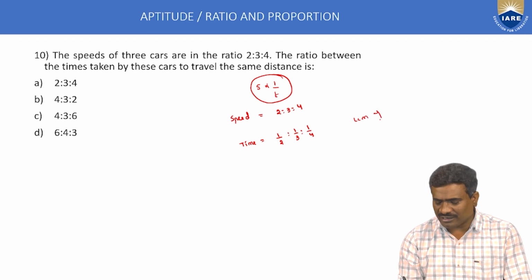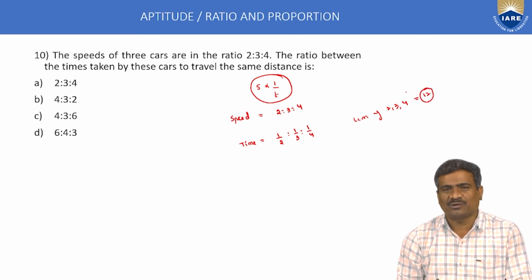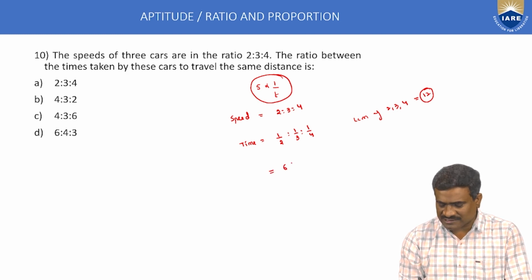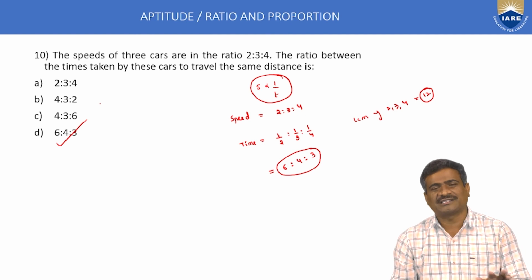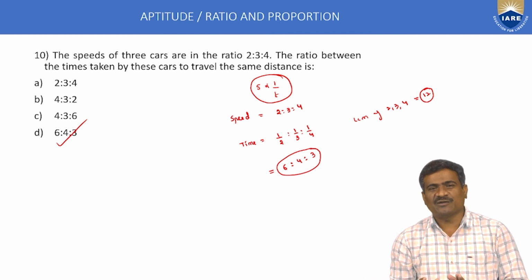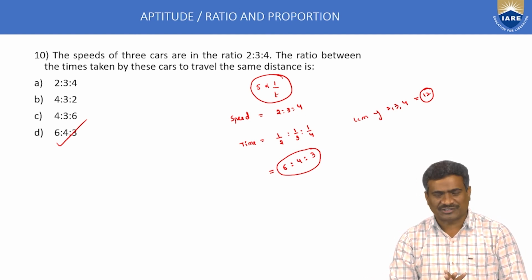Here calculate LCM of 2, 3, 4, which is equal to 12. Next, 12 by 2 is 6, 12 by 3 is 4, 12 by 4 is 3. Then the answer is 6 is to 4 is to 3. Option D only is correct.